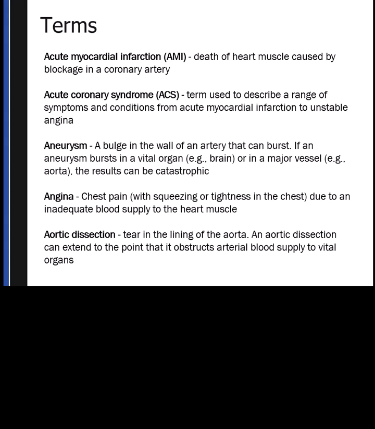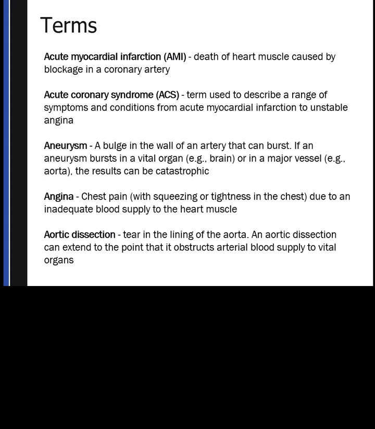So the word contraction refers to the mechanical action of the heart. Constriction means the narrowing of the diameter of blood vessels, primarily arteries. So that's the difference between those. Because they're so similar, sometimes I get them mixed up. So if I get them mixed up, hey, Dr. Young, are you sure that's what you mean? It's okay.